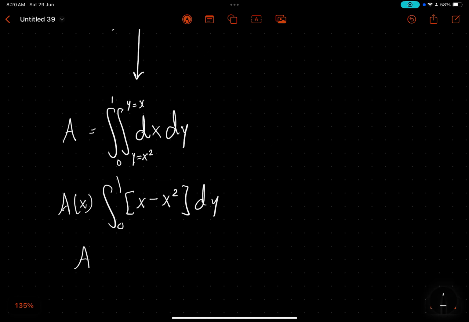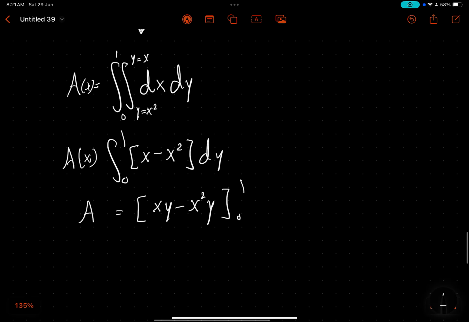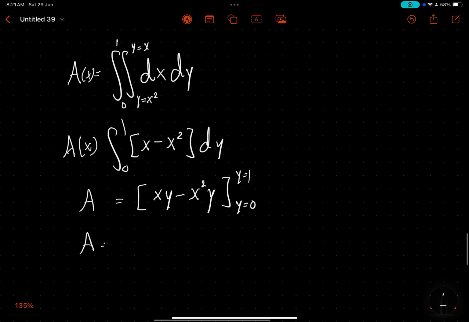So this is gonna be a function of x. I'll tell you why. Now it's gonna be xy minus x squared y from y equals 0 to y equals 1. So A equals x minus x squared, and this is a function of x.